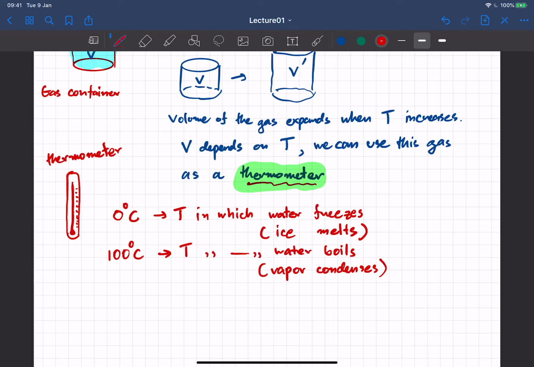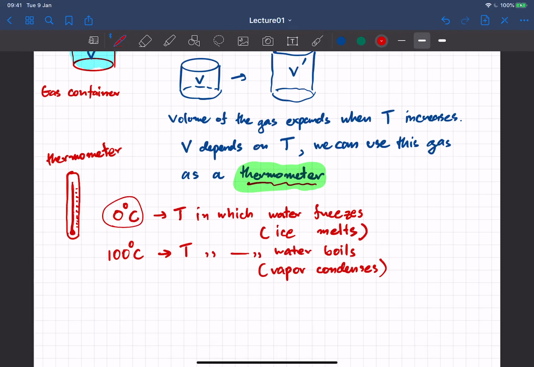Let's just say it's pure water, but it's pure water that you get from somewhere else. No matter what, they all freeze at the same temperature, and also they boil at the same temperature. So it's a very good thing to use as the temperature standard here.